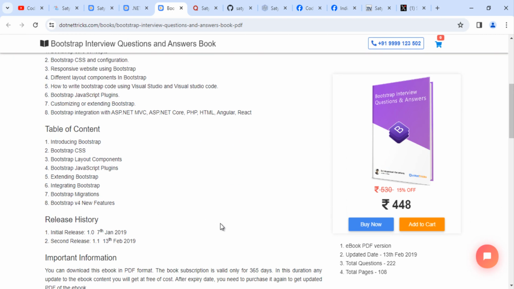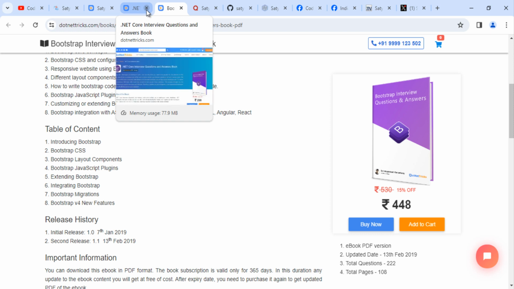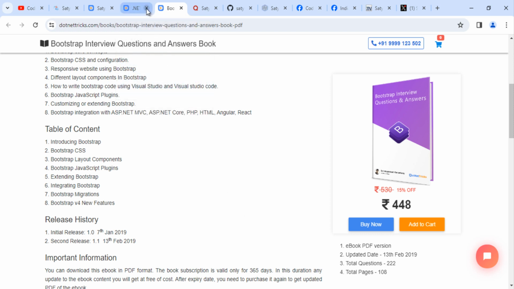You can find the price, and there is an offer going on, so go and purchase these books. They will be helpful for your knowledge and your career.